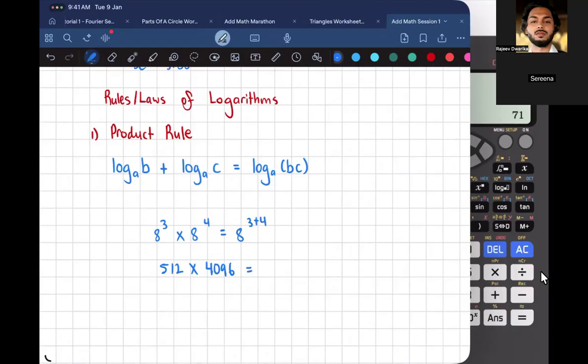All right. Well, what would that be equal to? It would be equal to 2,097,152. That's it? Yeah. So Serena, let me check something.